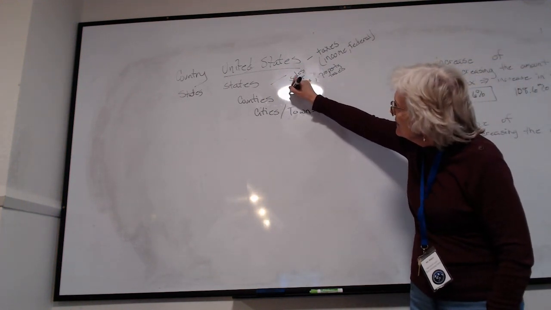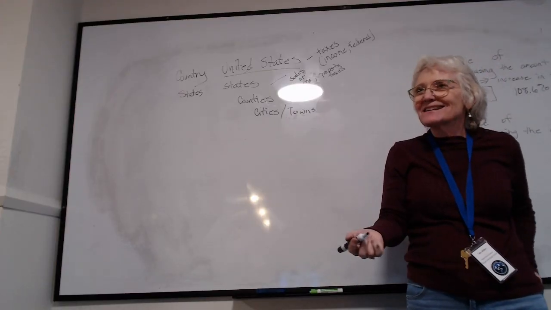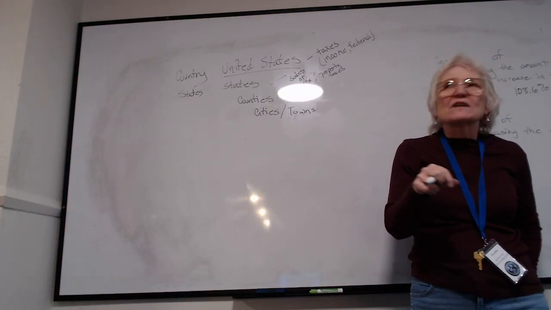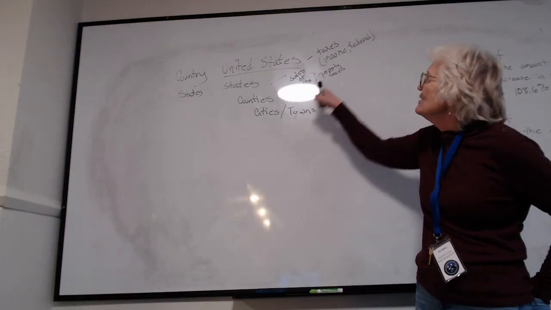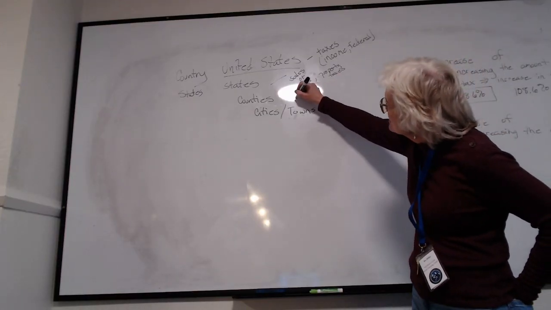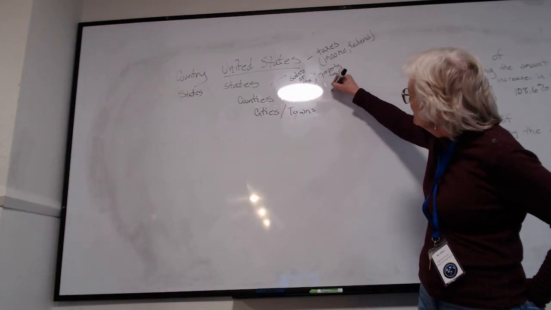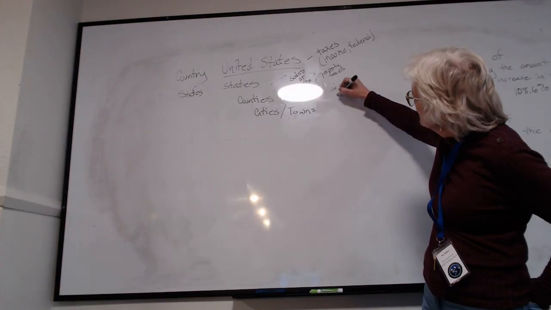Counties, they have not as much funding. So they will have little taxes for the county that you might vote on that get added into property taxes. So sometimes these taxes are added to property taxes.